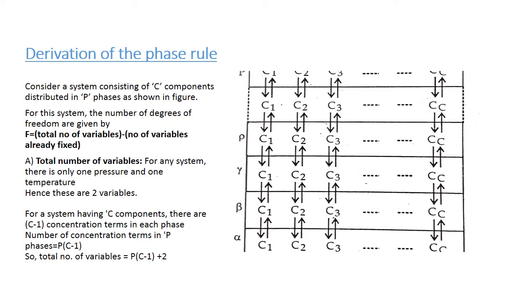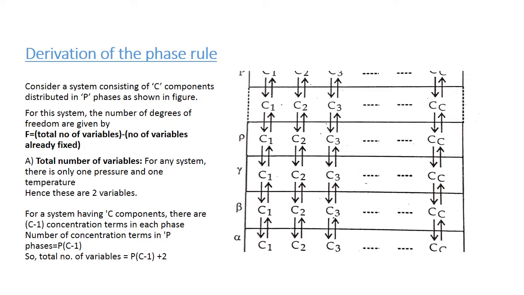Concentrate on this sentence, student. For any system having C number of components, in each phase there will be C minus 1 concentration terms.